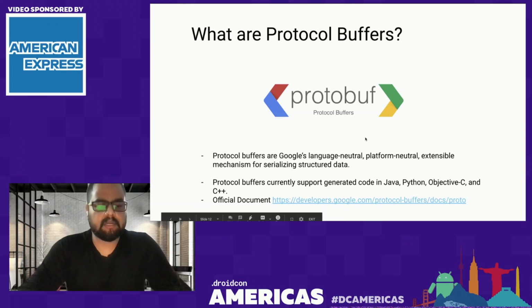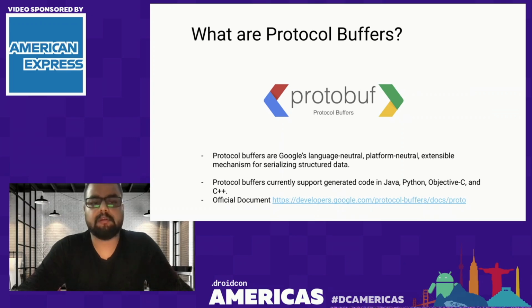Moving next, what are protocol buffers? Protocol buffers are Google's language-neutral, platform-neutral, extensible mechanism for serializing structured data. There are various ways to store structured data, in the form of XML or JSON, but protocol buffers are platform agnostic, language neutral, and extensible.